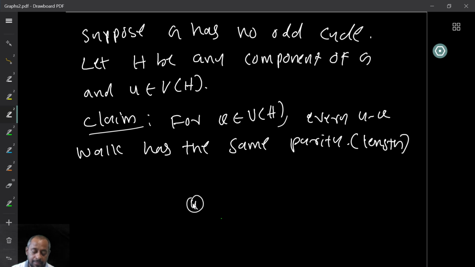That is my claim. So I start from a vertex u, and then I take some vertex v. Now the claim is that every uv walk has the same parity. Now why is this true?